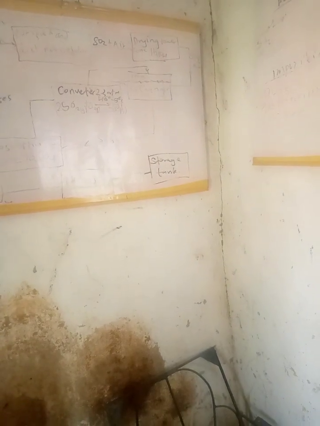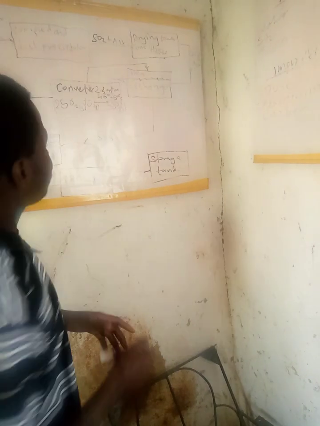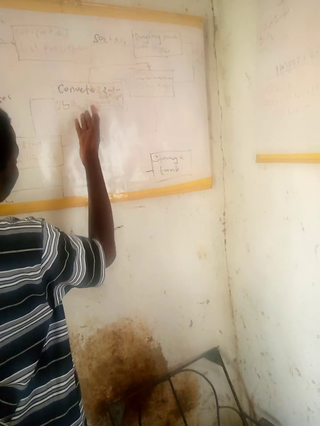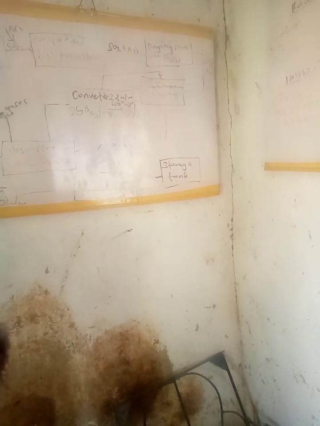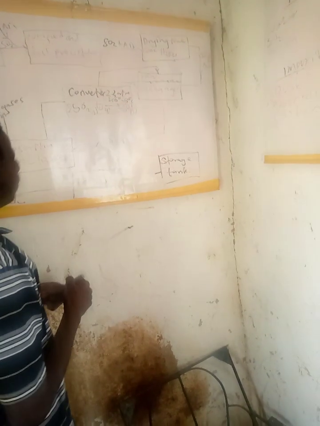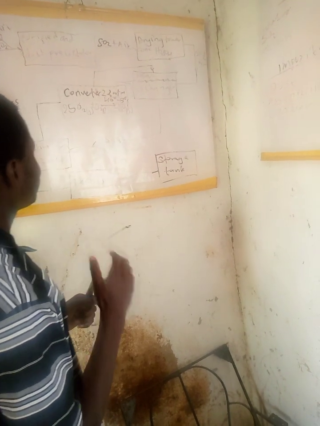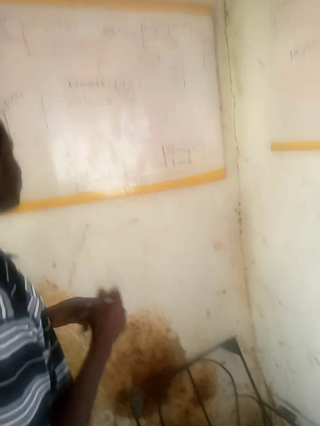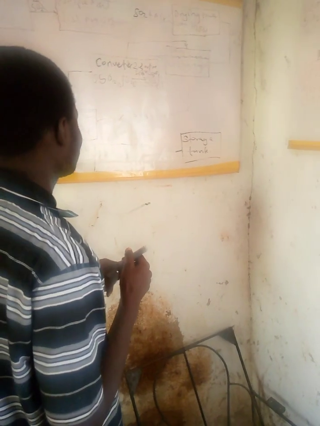This mixture is then taken to the converter containing the catalyst. From the heat exchanger, we go towards the converter, and this converter contains a catalyst. Another thing we need to take note of is the equation that takes place in the converter: sulfur oxide plus oxygen to form sulfur 6 oxide.